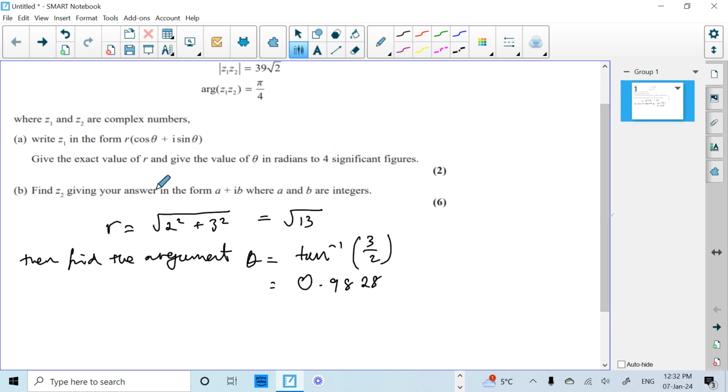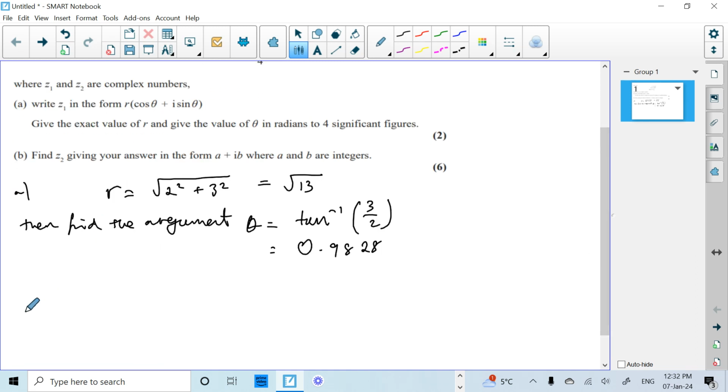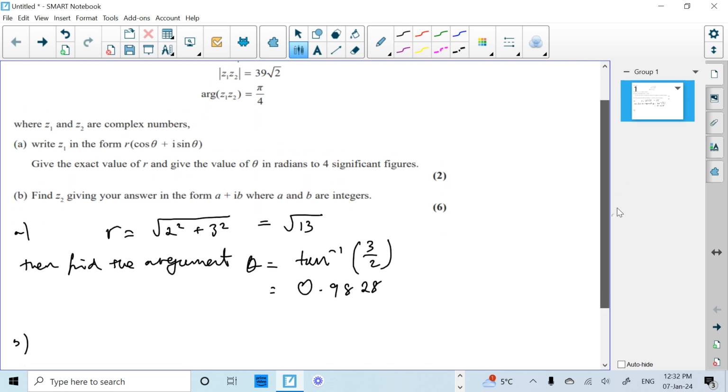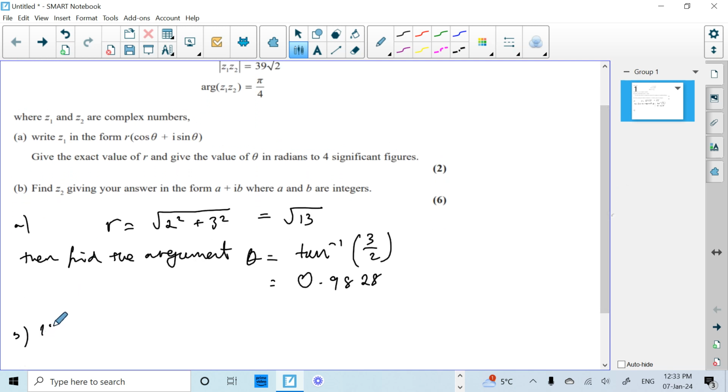Part B, find z2 giving your answer in the form a plus ib, where a and b are integers, for 6 marks. So part B now. The modulus of z1 times z2 is the modulus of z1 times the modulus of z2. It's identical and equal.